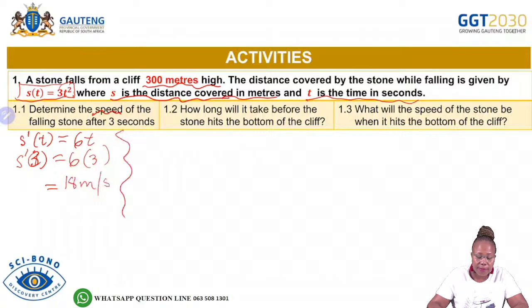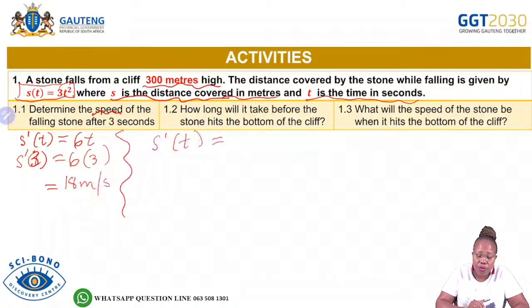Okay, grade 12s. Now, how long will it take before the stone hits the bottom of the cliff? Remember now, this stone is already falling at a certain speed, all right? So now we are checking how long it will take. So we are still using that derivative formula.